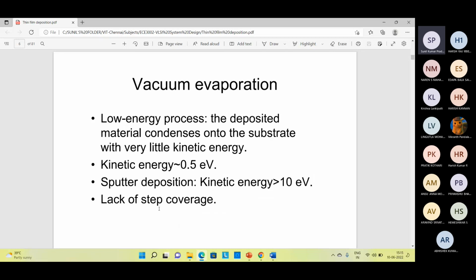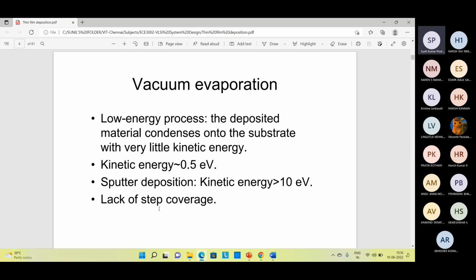Now, vacuum evaporation is a low energy process. That means the deposition material condenses onto the substrate with very little kinetic energy, because the vacuum evaporation is done in a vacuum environment. You can think that the kinetic energy is numerically equal to 0.5 electron volt.